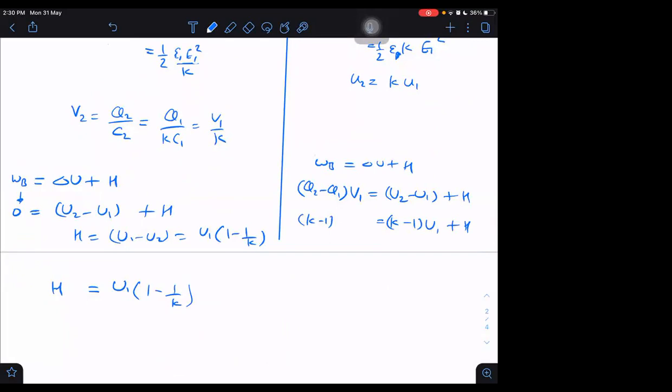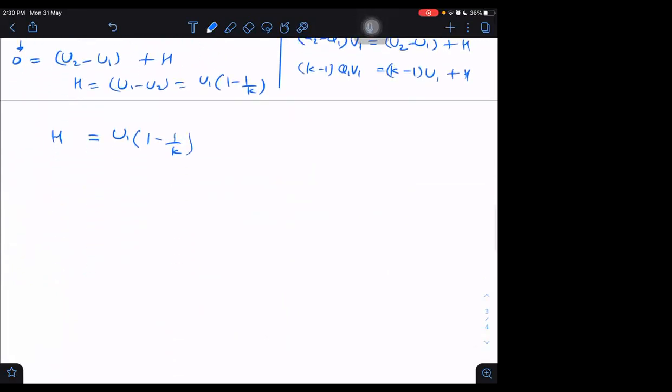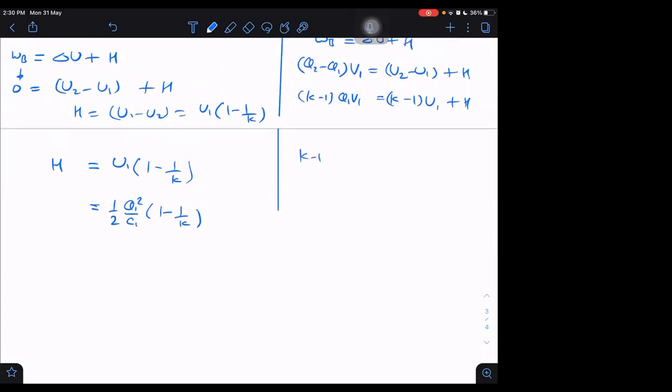Q1 V is V1, right? Which I can write in terms of CV square if I want. Let us write in those terms also. Finally, you are saying half of Q1 square by C1 into (1 minus 1 by k), and there I will write (k minus 1) into C1 V1 square, which is (k minus 1) into half of C1 V1 square plus H. What is H?